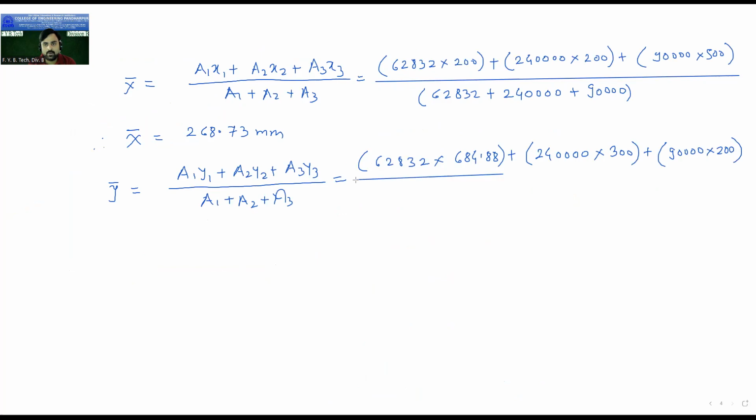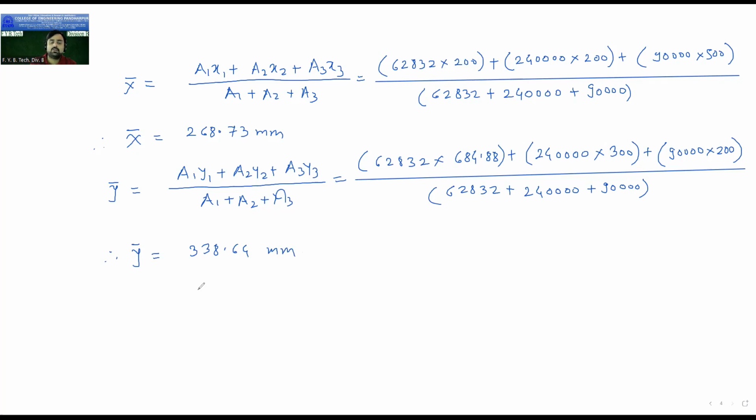And this whole divided by a1 plus a2 plus a3. Therefore, y bar is equal to 338.64. So please check whether these two answers are correct.